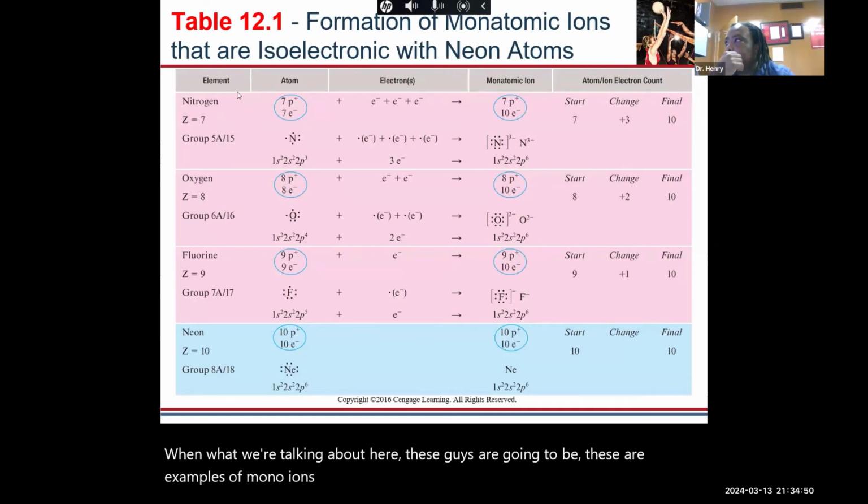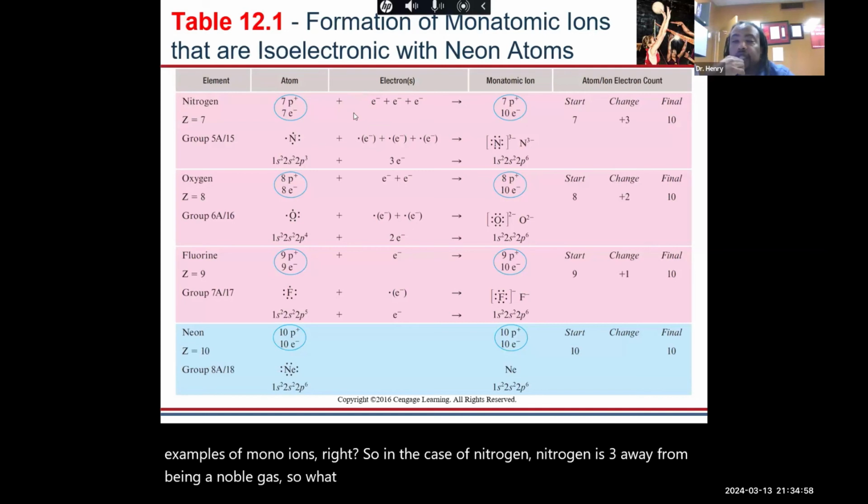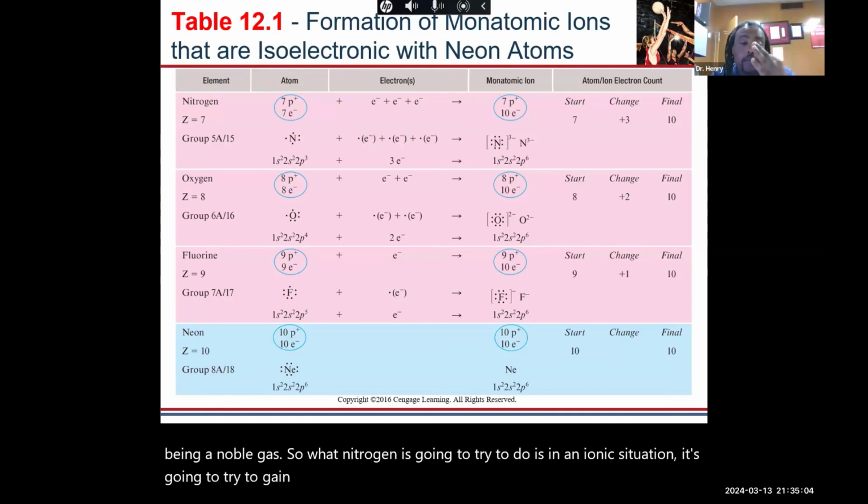Now, these are examples of mono ions. In the case of nitrogen, nitrogen is 3 away from being a noble gas. So in an ionic situation, it's going to try to gain 3 electrons so it can be like neon. It wants to be stable like neon.